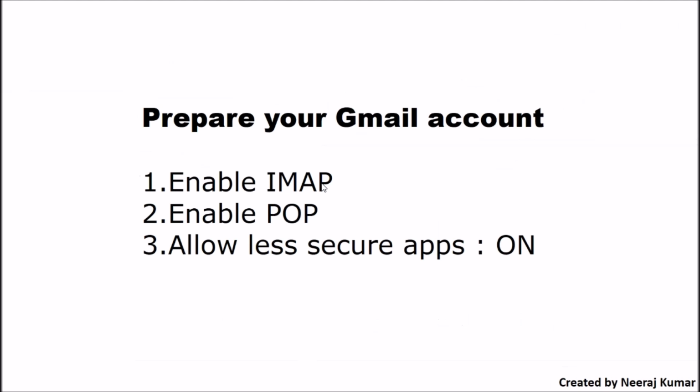You are just reading them from the email service. Enable POP. POP stands for Post Office Protocol, which is used to sync emails from your Gmail account to any compatible mail client such as Outlook.